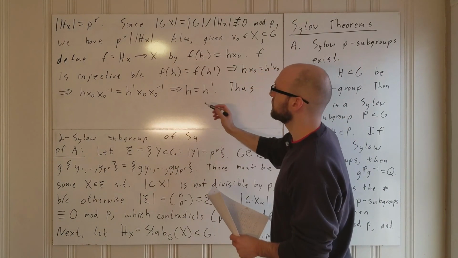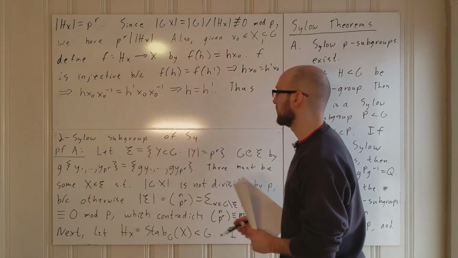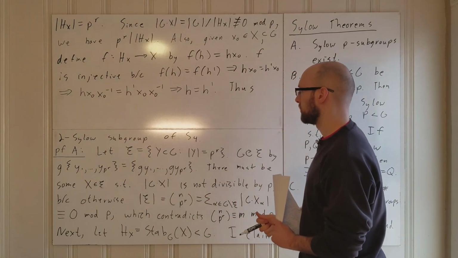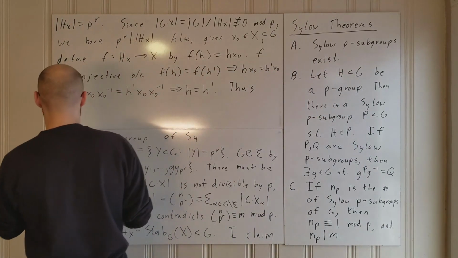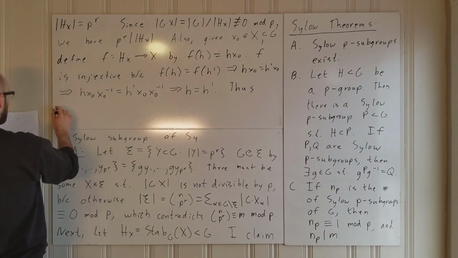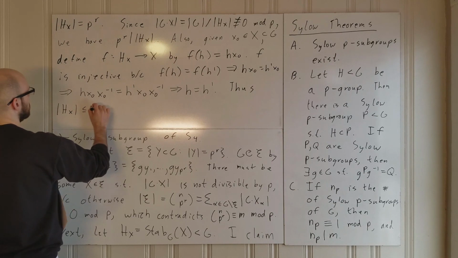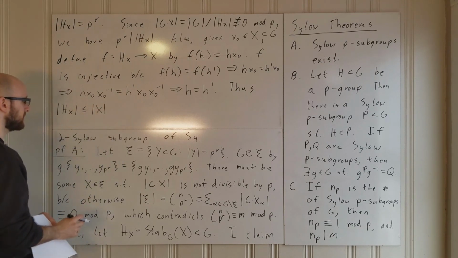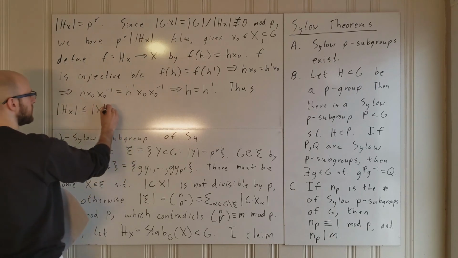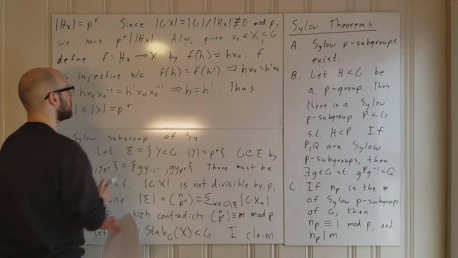Thus, if we have an injective map from this finite set to this finite set, then that means that the size of hx needs to be less than or equal to the size of X. But what's the size of X? X is an element of script E, so it's p to the r.